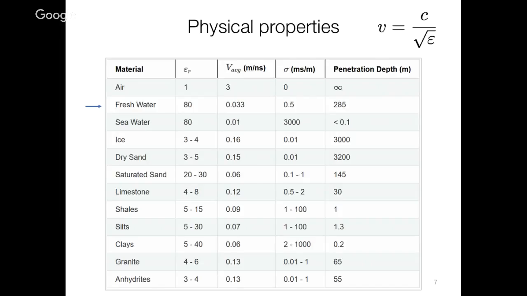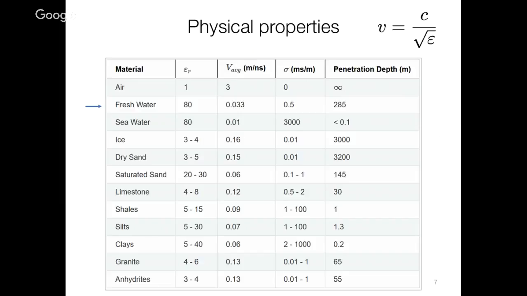The physical property that's of interest is the electrical permittivity. And usually we take the ratio of the permittivity of something to free space, and that gives us a relative epsilon, which is often referred to as the dielectric constant. Air, of course, has dielectric constant 1. Fresh water is 80, salt water is 80. Ice is very low, maybe 3 to 4.